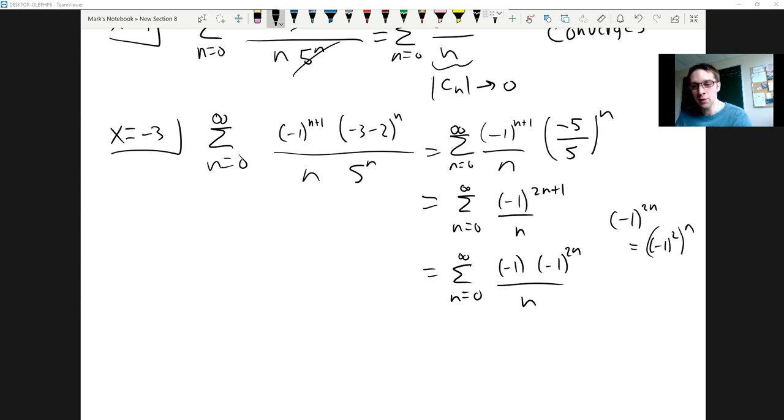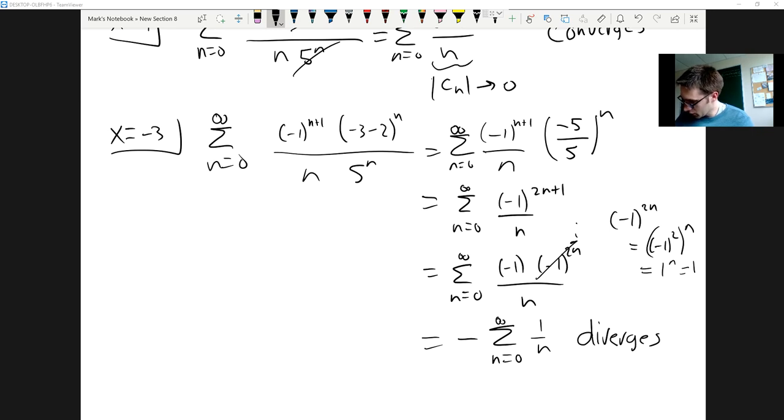If you have an even number of factors of negative 1, what's going to happen? Well, when you square negative 1, you get something positive. And so this is going to be the same thing as 1 raised to the n, which is, of course, 1. And so we're left with just negative the sum of 1 over n. And that is our harmonic series, which we've studied a bunch of times. We know that one diverges.